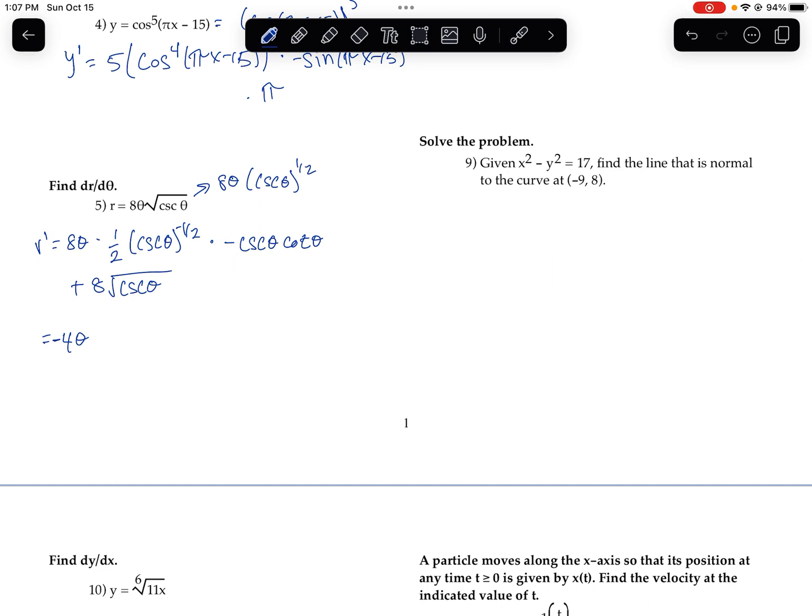So I'm just going to say square root of cosecant of theta, cotangent of theta, and then plus the 8 cosecant of theta. And then last thing, I think what they do is they factor out, do they do anything different there? Trying to think what I can do here.